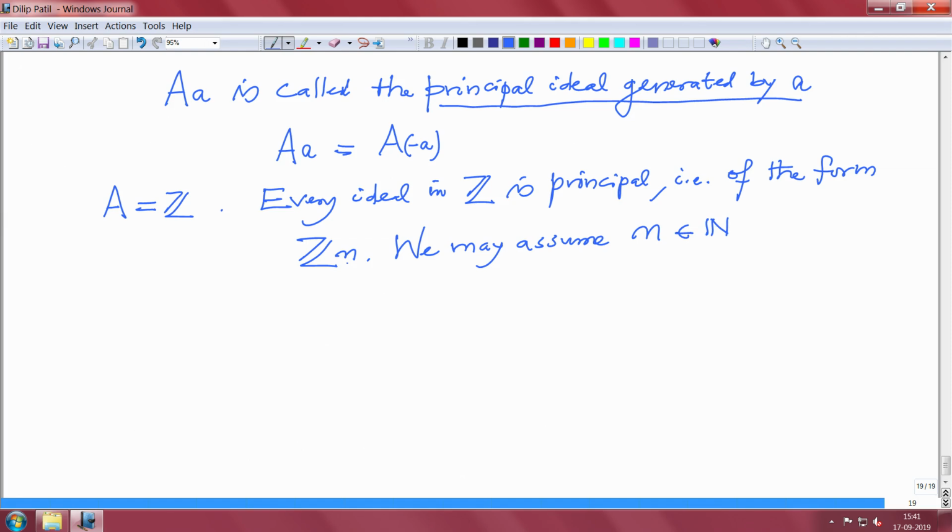If it is negative, then you replace it by minus n, and then you still get the same ideal. And what is the advantage of this? Then this n is uniquely determined.